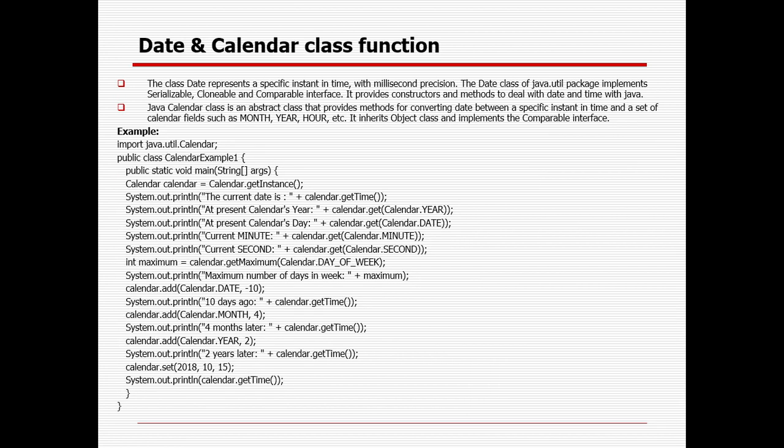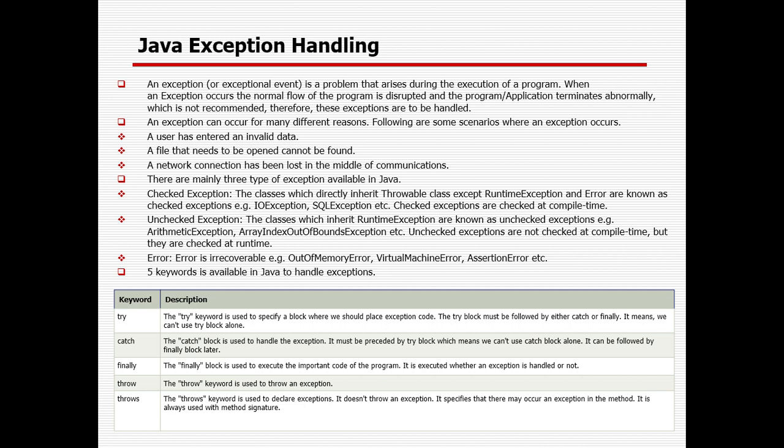And for date and calendar functions, I have already shown you a lot of important methods. You can get all the details for the current calendar date, and you can add to it or set a new calendar date as and when required. And definitely for exceptions, if you know that a particular kind of exception can happen in Java, you can always handle it with the try, catch and finally blocks.